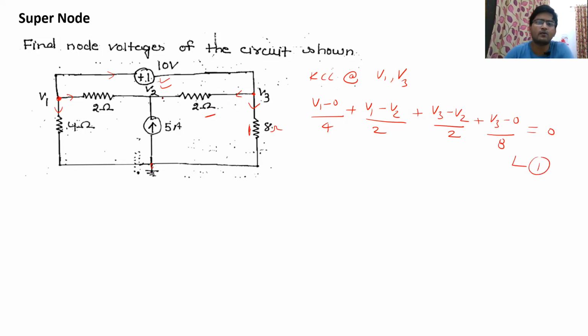Now we can write our KCL equation here at V2 again. Here also I will take this current direction as outside, and since this current is inside, we have no option but to write it as negative.